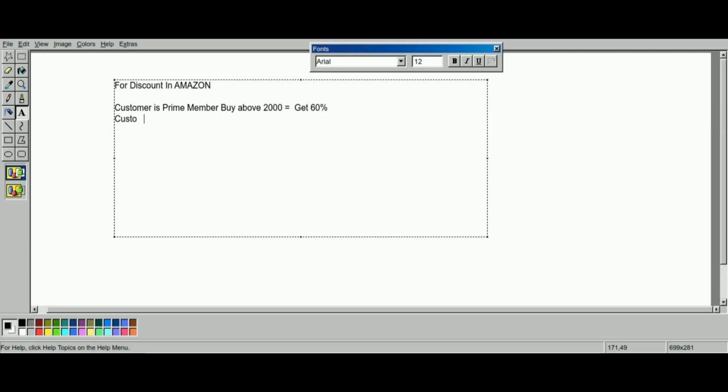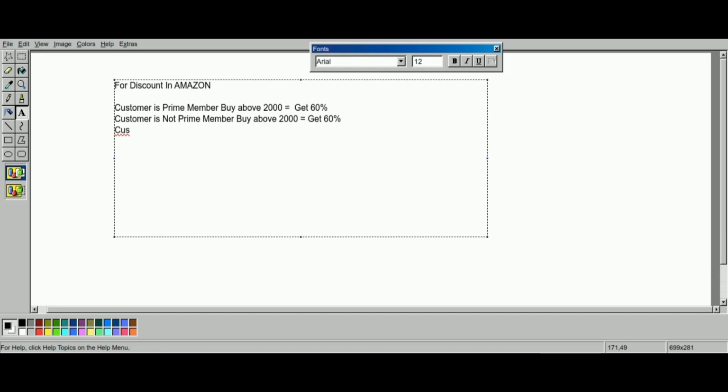Customer is not a prime member, and buys above 2000, gets 60%.